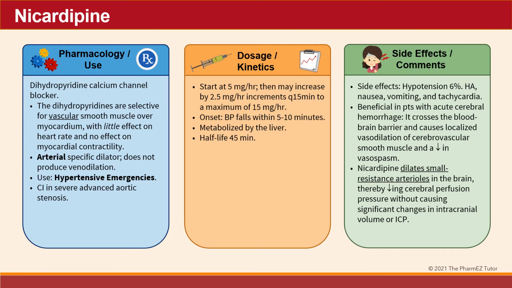Nicardipine dilates small resistance arterioles in the brain, thereby decreasing cerebral perfusion pressure without causing significant changes in intracranial volume or intracranial pressure. Nicardipine is available generically at a cost of about $16 per vial.